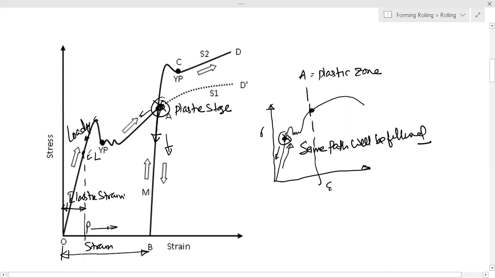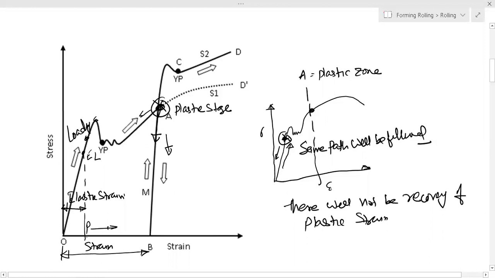When you unload it, there will be recovery of elastic strain, but there will not be any recovery of plastic strain.